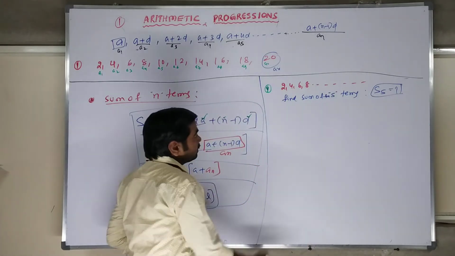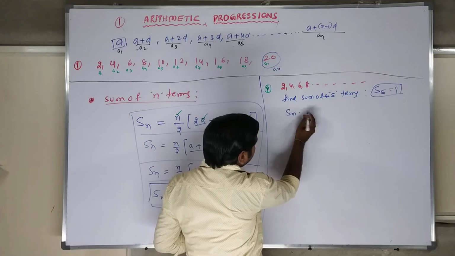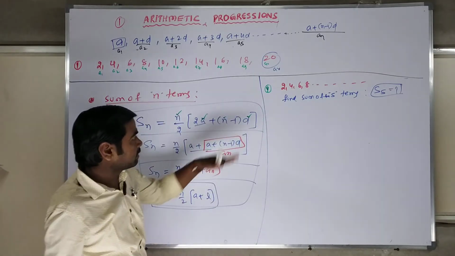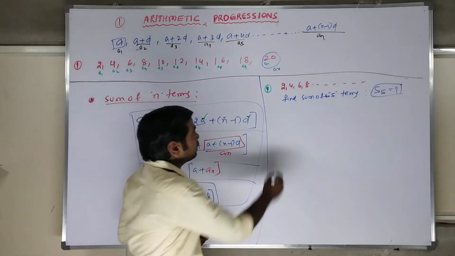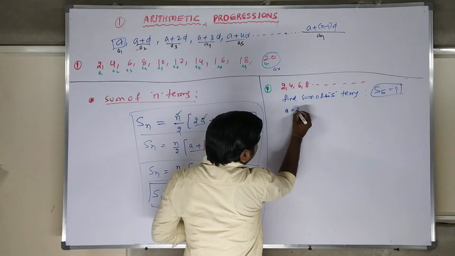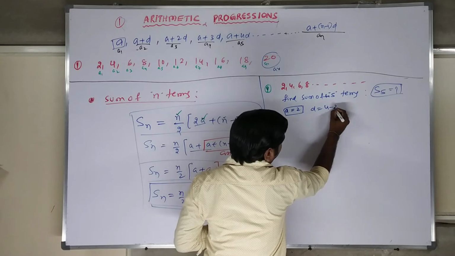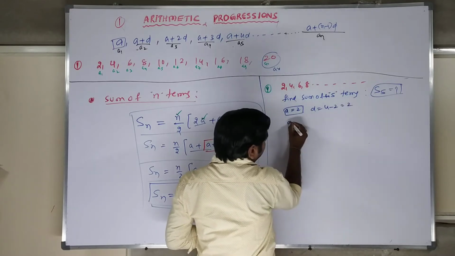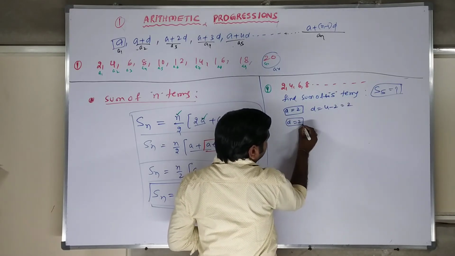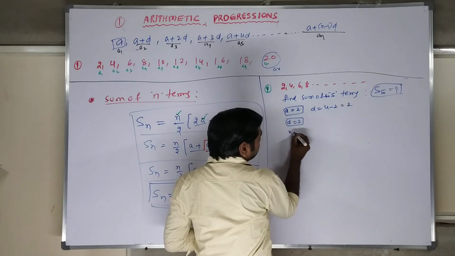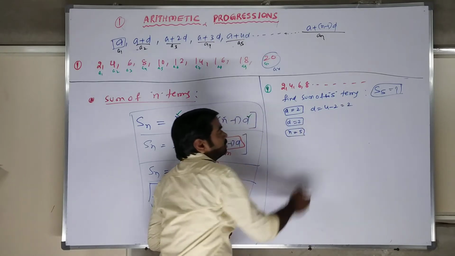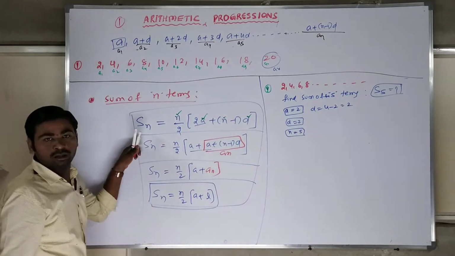So what is the formula? Sn is equal to, write the formula for this. From the given series, take the requirements. a is equal to 2. d is equal to T2 minus T1, 4 minus 2, so d is equal to 2. How many terms do they want? n is equal to 5. Because these 3 data are mentioned, we can directly apply the formula.